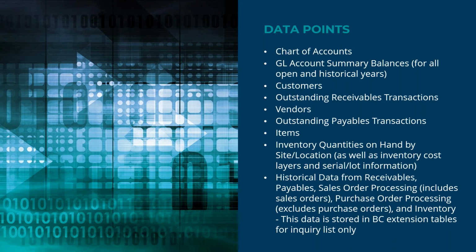There is no selection process there. It is just going to bring everything over for you. And as you see on here, that's quite a bit of data. So we've got our chart of accounts, our account summary balances, customers, receivables, payables, vendors, quantities of inventory if you have them, and then historical data as well.